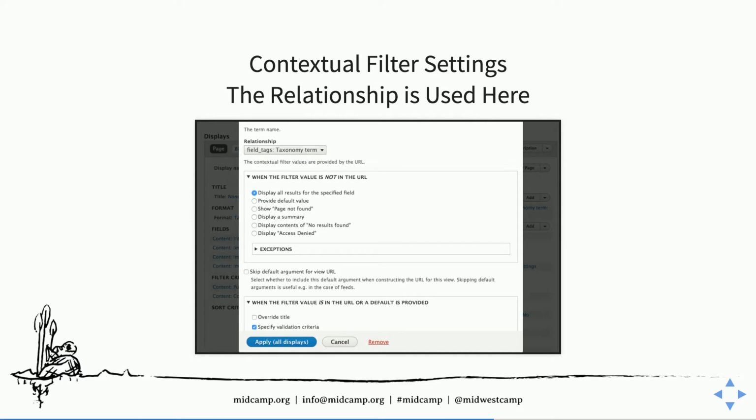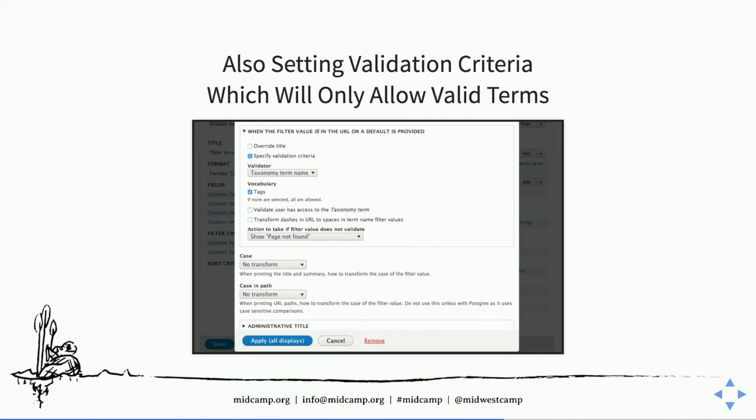So in our case, we specify validation criteria, which means that we say, get me the taxonomy term name that is being entered in the URL. Make sure that it's actually a term in the tags vocabulary. If it's not, do this behavior. So we've selected, if it's not in there, do page not found.